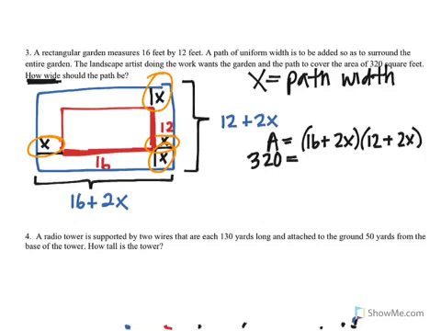So I'm going to FOIL out the right-hand side. And then I'm going to solve this quadratic equation.